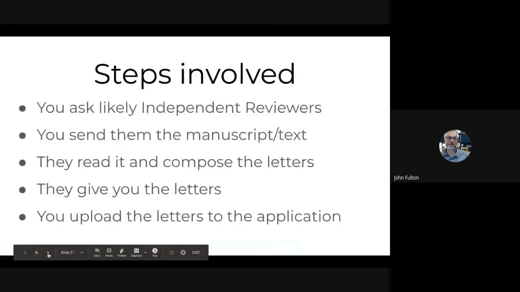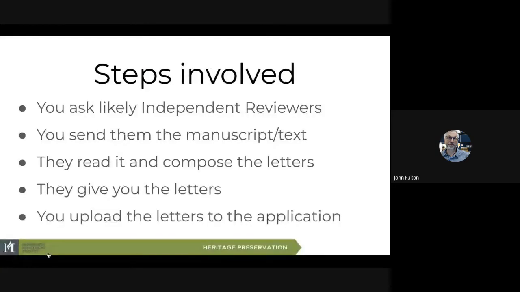All right, the steps involved in getting these letters: you need to ask some people who aren't with your project already. Of course, it's a fairly tight community of historians in the state, so you may know them already and have had conversations with them.